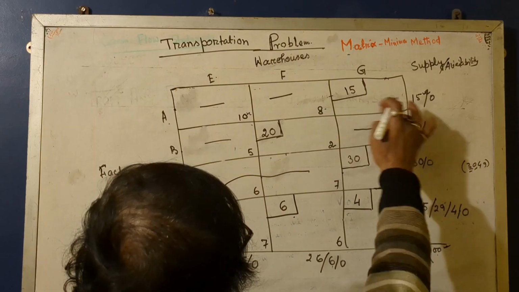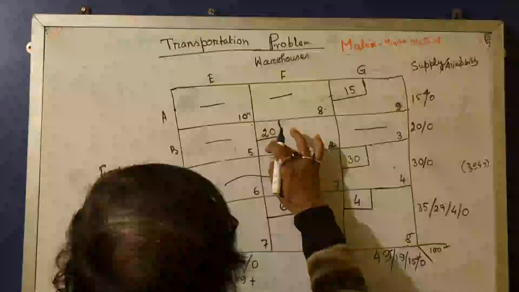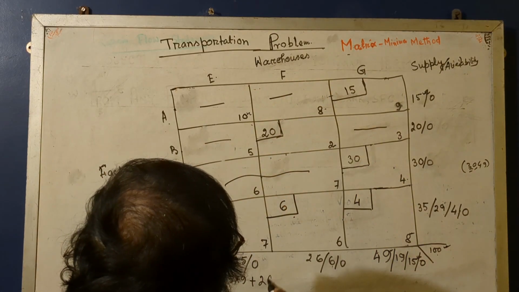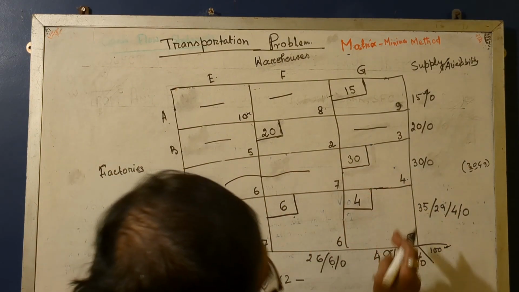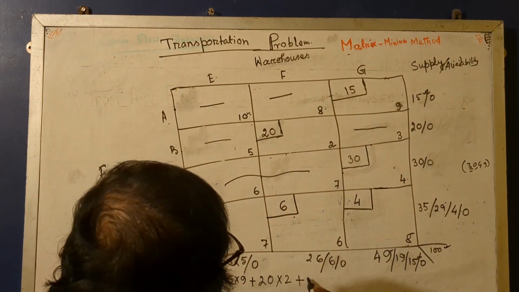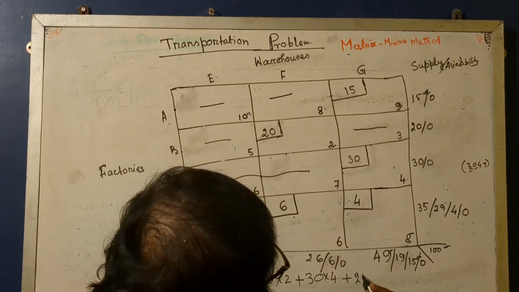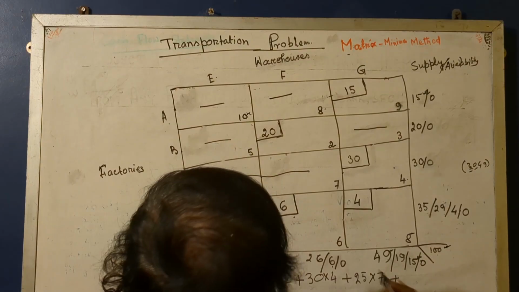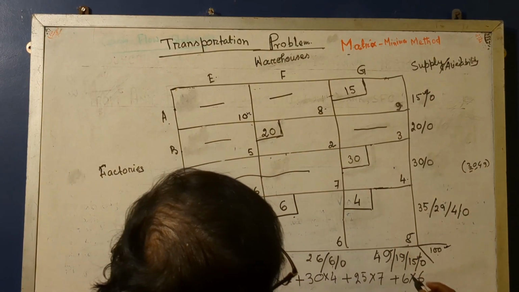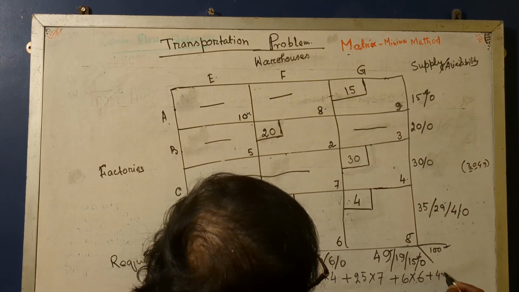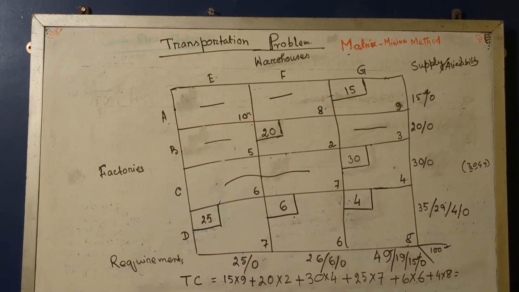That's why the total cost is 15 into 9 rupees, plus the per unit shifting cost is rupees 2 and 20 units are being shifted, that's why 20 into 2, plus 30 into 4, plus 25 into 7, plus 6 into 6, plus 4 into 8, and you will get the total transportation cost in this way.